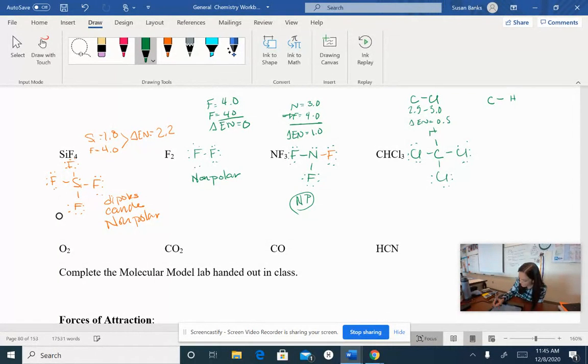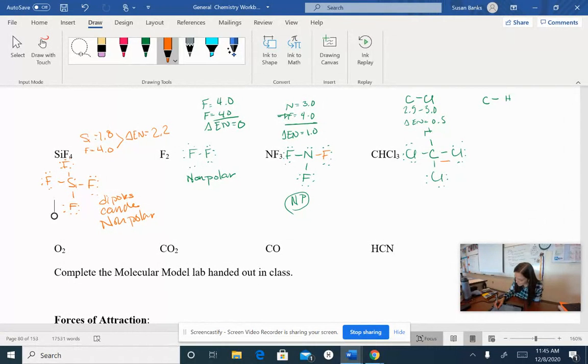That's definitely enough to make something polar. So that means that when I look at this, chlorine's more electronegative. So I'm going to have electrons pulled this way, and this way on those bonds. Okay, let's look up carbon and hydrogen now. So carbon is still 2.5. Let's look at hydrogen.